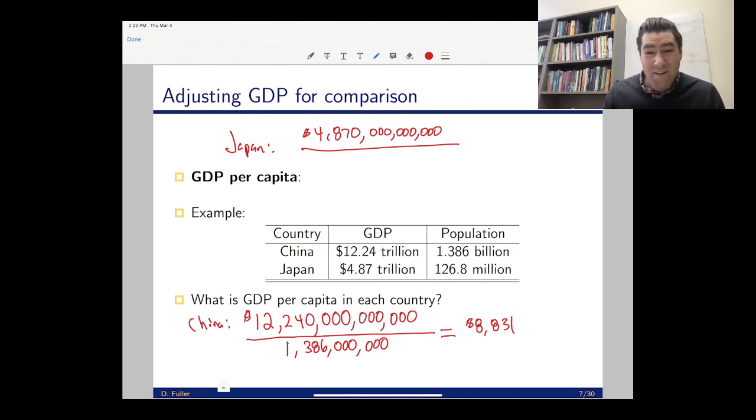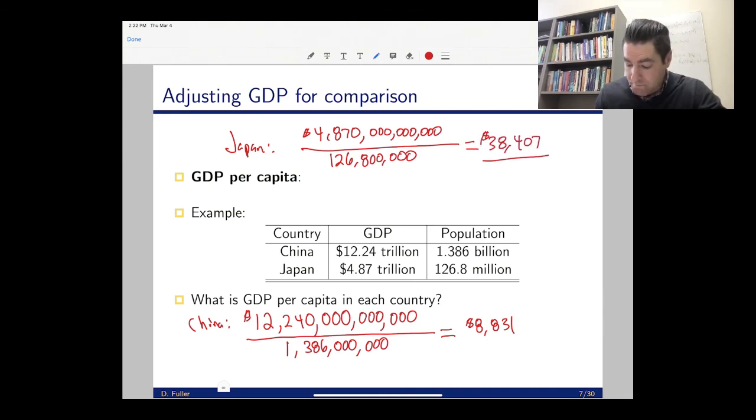So it's about a tenth of the size of the population in China. So 126.8 million, 3 zeros. If you divide that out, it's somewhere in the 38,000, so about $38,407.